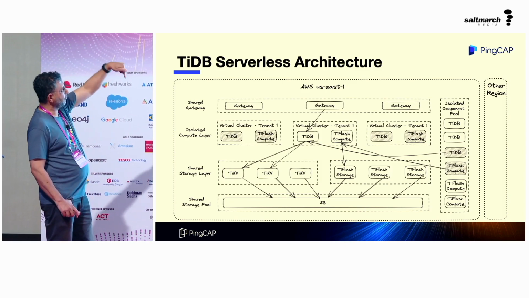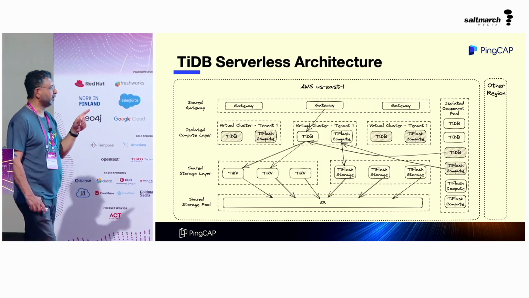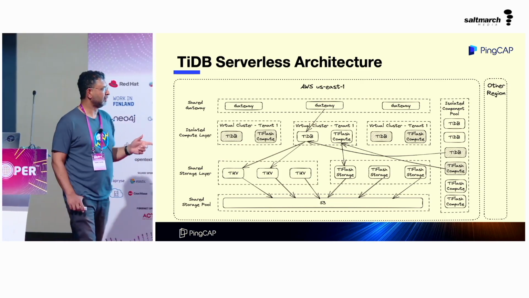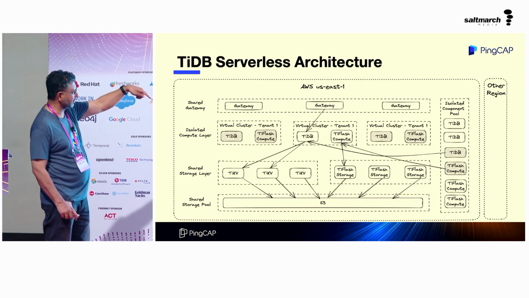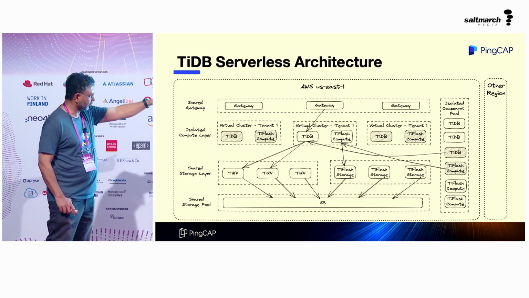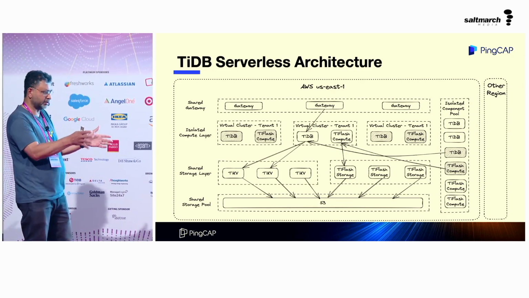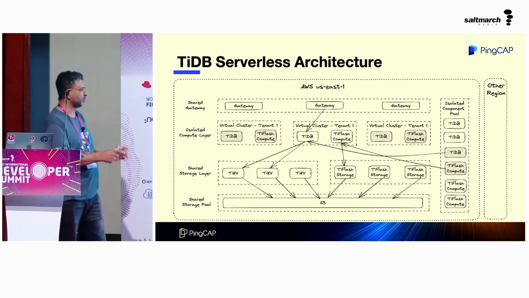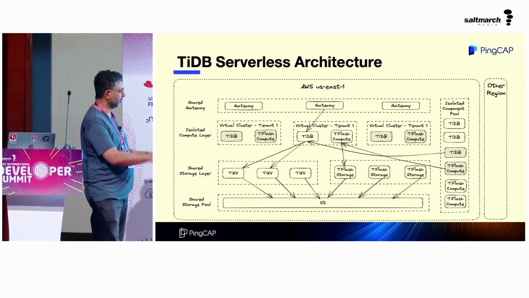So when a client connects, the gateway looks at the tenant ID and routes the traffic. So that's where it starts. But the tenant ID goes all the way through the infrastructure to partition what resources are used by that tenant. So that's what it roughly does.